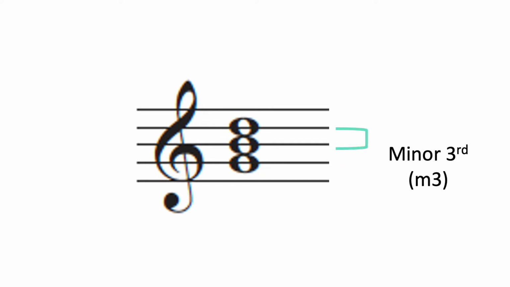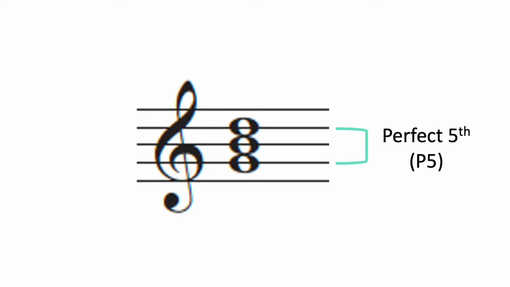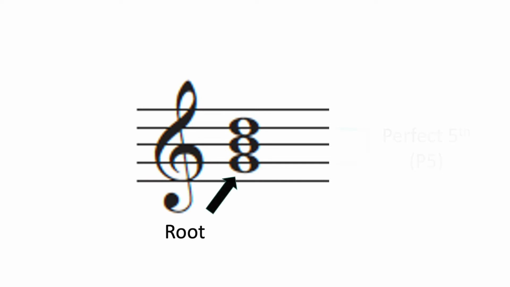From the bottom note to the top note is the interval of a perfect fifth. If you have all these things, then you definitely have a major triad. Then we take a look at the root, and the root tells us the name of the triad. Since we have G in the root, we can say that this is a G major triad.